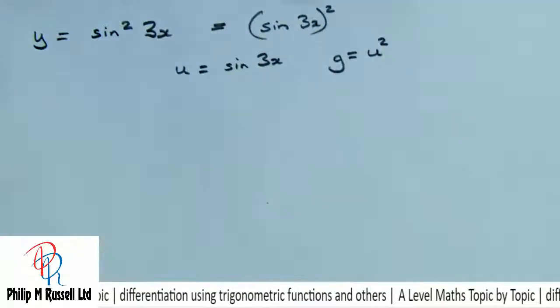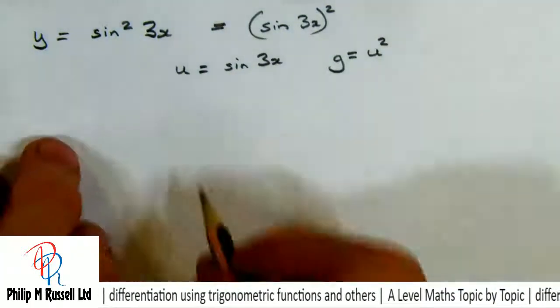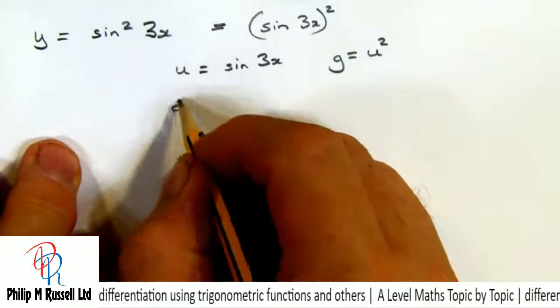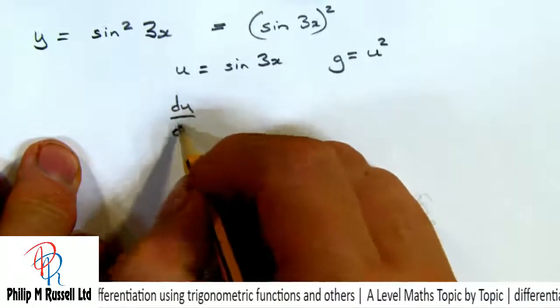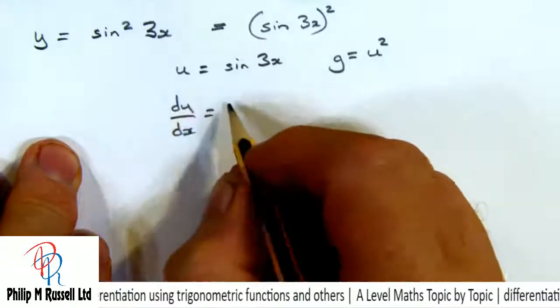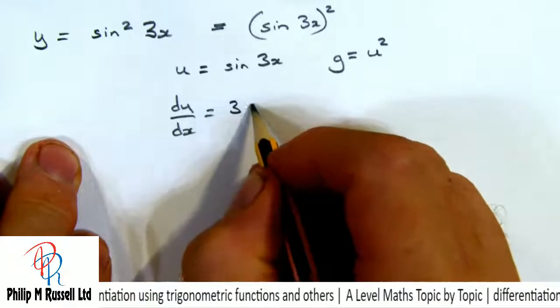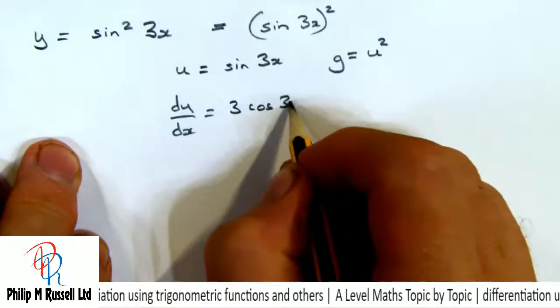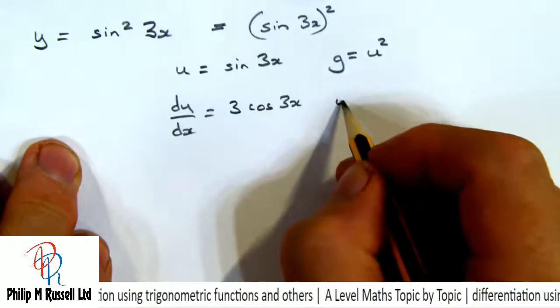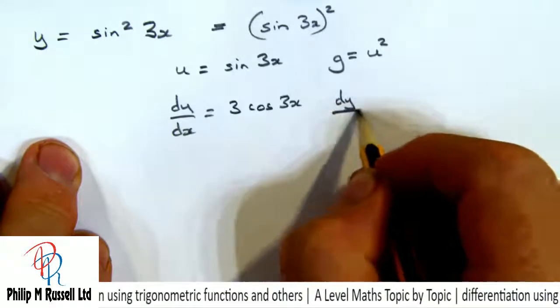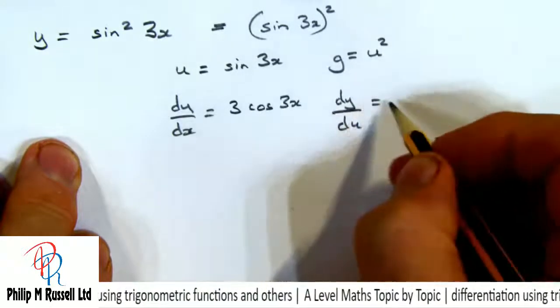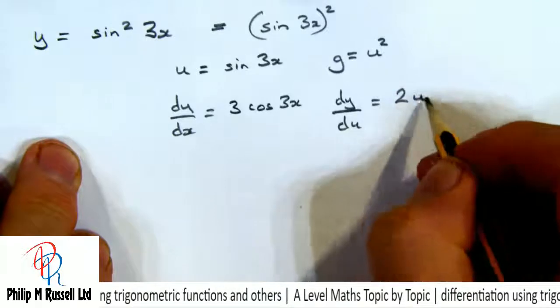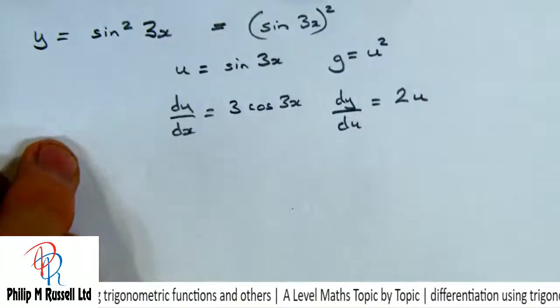And suddenly this doesn't look as difficult. du by dx is going to be 3 cos 3x, and dy by du is going to equal simply 2u.